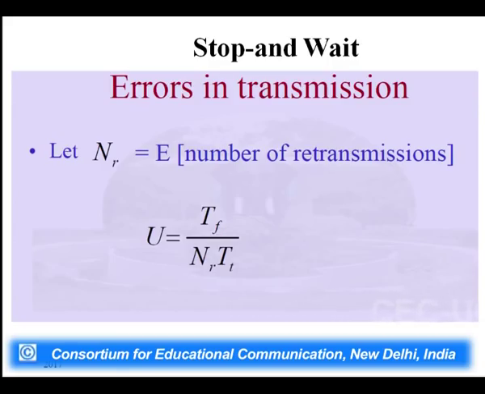Maybe the first frame is transmitted twice, and the third frame may be successfully transmitted after 4 attempts. Some other frame may be transmitted in only 1 attempt, some frame in 10 attempts, we never know. So what we are interested in is, on an average, how many attempts a frame takes to be transmitted successfully. That is the number of retransmissions.